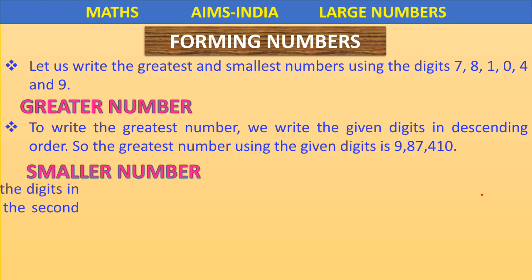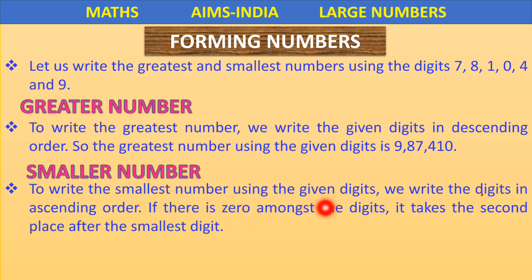To write the smallest number using the given digits, we write the digits in ascending order. How did we write? We wrote the digits starting from the smallest number, right? Now small to big means which order is it? Small to big means ascending order.